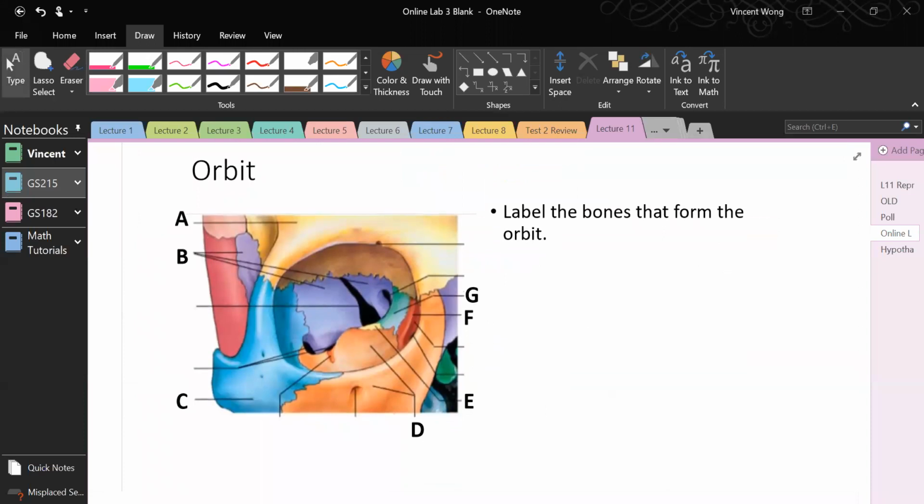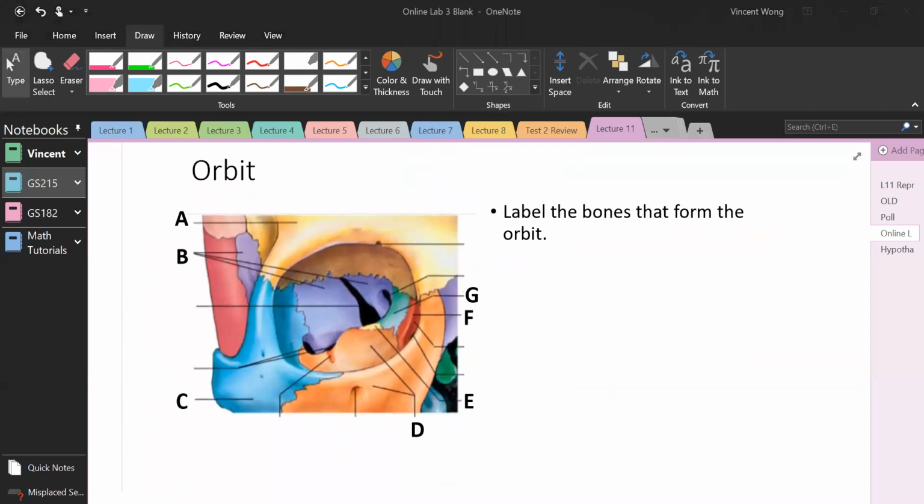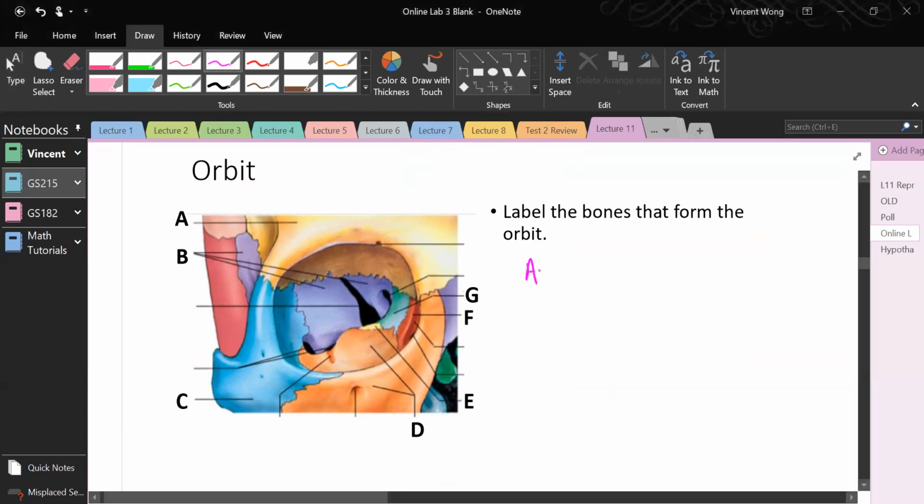Okay, so here we have to label all the bones of the orbit. Orbit is the eye socket. So let's do this. A is the frontal bone. B, anybody know what B is? That's the one that people usually have trouble with. It goes from one side to the other and forms the back of the eye socket.